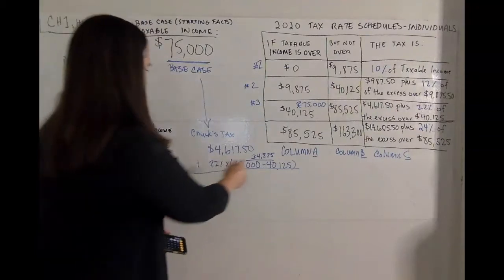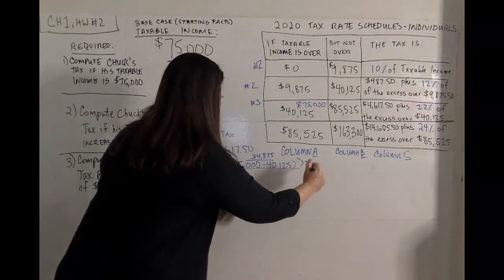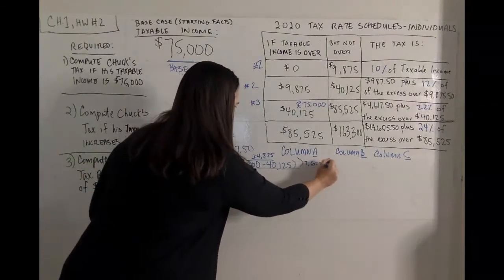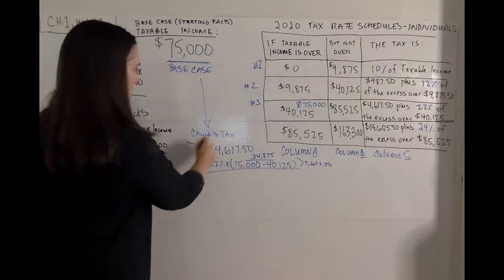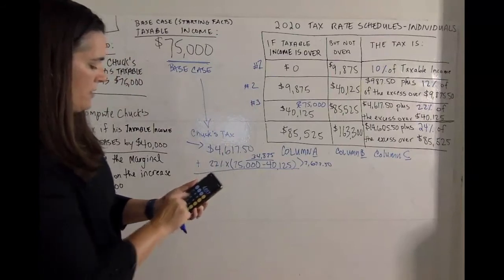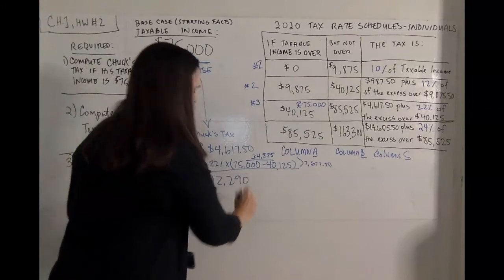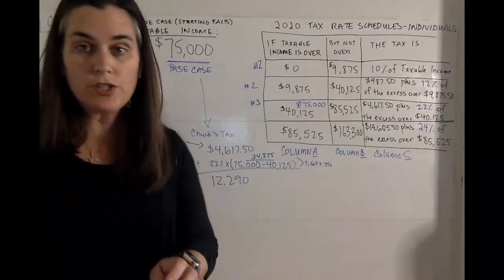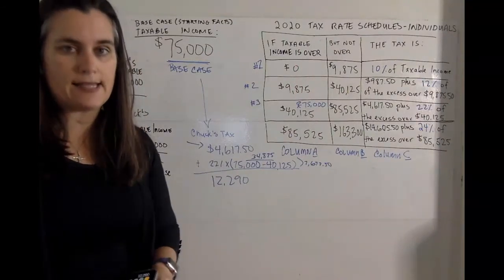So that's what this number is. To this, I'm going to add the starting number that the IRS gave me, so plus 4,617.50, and that gives me 12,290. Okay? So we just used that schedule to compute Chuck's baseline tax expense.